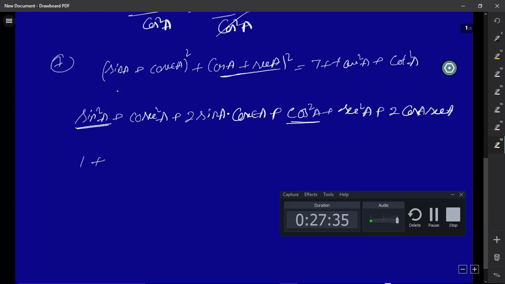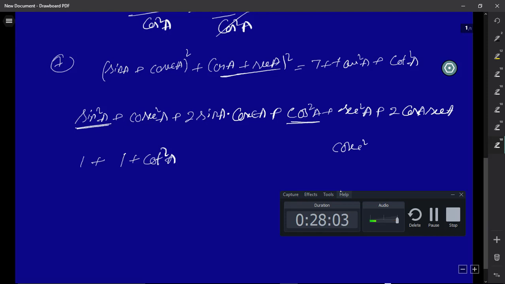Okay, let me write this. If you see on the right hand side, you should get the answer in terms of tan and cot, not in the form of cosecant or secant, right? So cosecant square A, I can convert in the form of cot square A. Cosecant square A is 1 plus cot square A. Why and how? I'll show that to you.